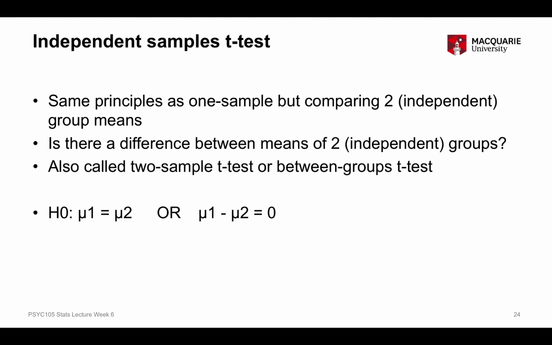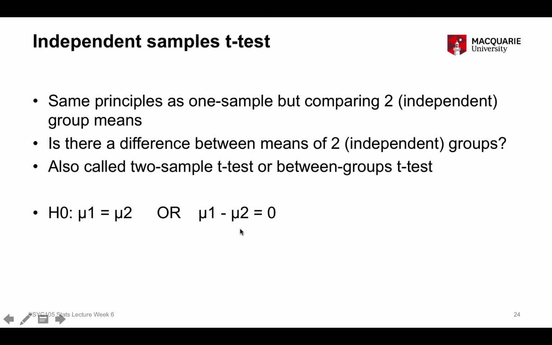The null hypothesis for our independent samples t-test can be written one of two ways. On the left-hand side, the first way of expressing the null hypothesis is that mu1 is equal to mu2, mu1 being the mean score for group 1 and mu2 being the mean score for group 2. So if the two mean scores are equal, that would be our null hypothesis.